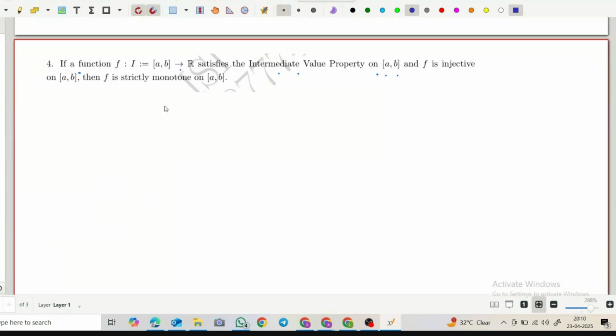So we want to show that f is strictly monotone. Solution. Let x1 be less than x2. Since f is injective, f(x1) cannot be equal to f(x2).